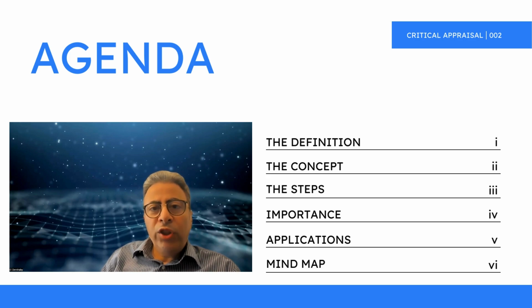Then I will share with you a mind map that is very systematic and you can keep it on file and go back to it whenever you need to do a critical appraisal for any scientific paper, or every now and then to refresh your mind with the needed steps to do an effective and fruitful critical appraisal of any scientific paper. So let's get started.